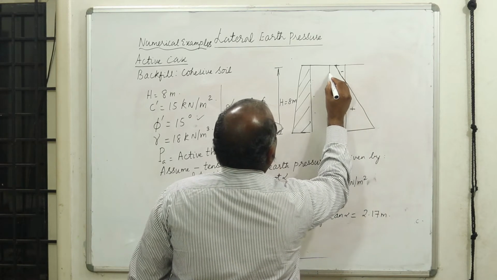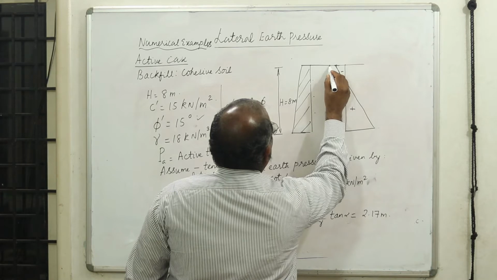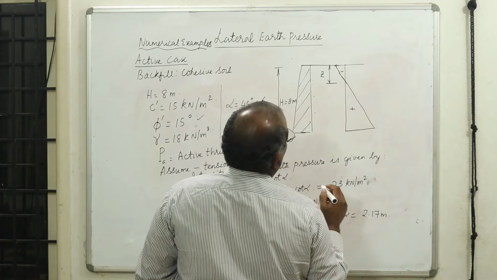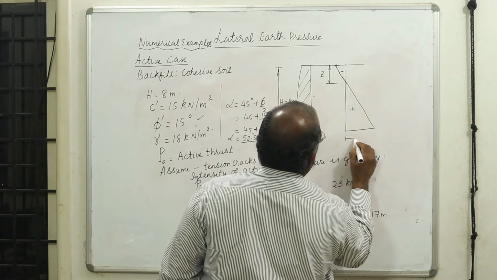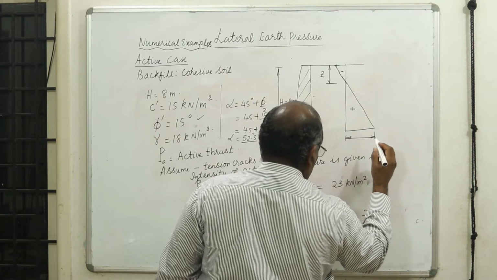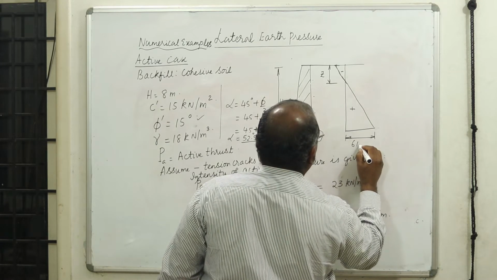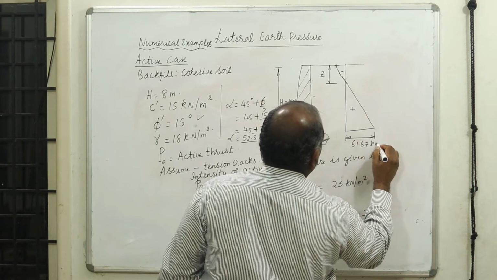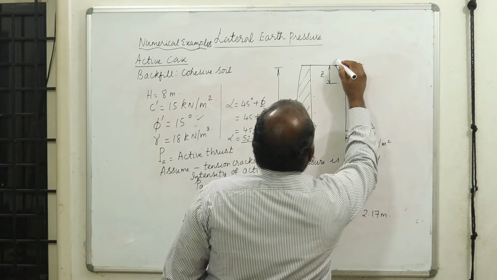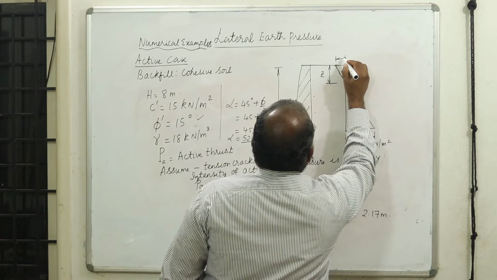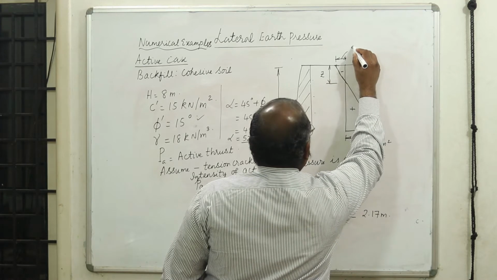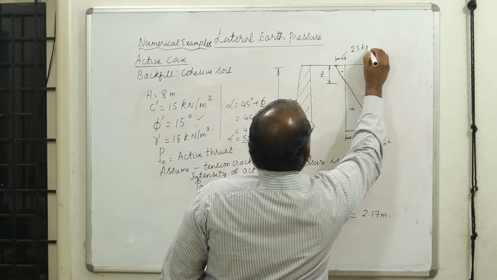This depth is found out, right? This is right, and this value is 61.67 kilonewton per meter square. This value is 23 kilonewton per meter square.